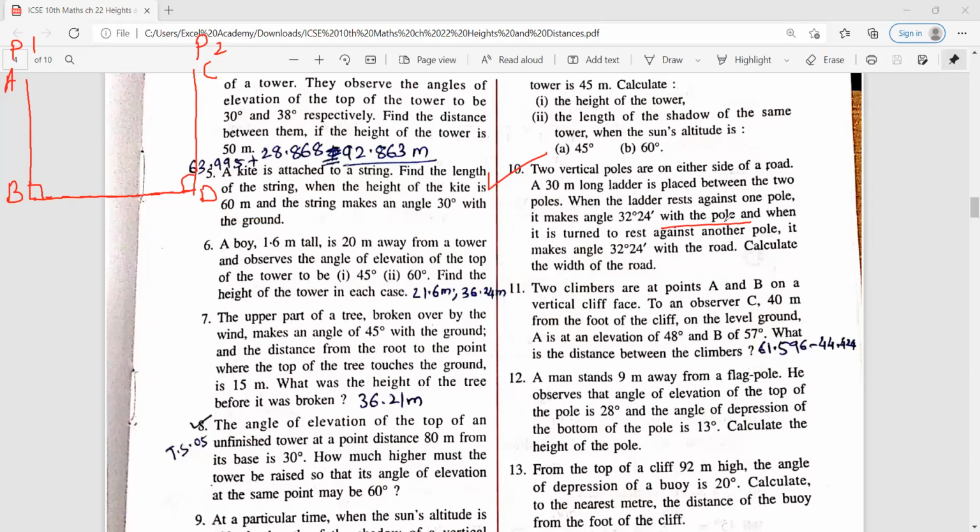With the pole means with the vertical, like we take angle of incidence and angle of reflection in physics. If this is the pole, the ladder will rest along the hypotenuse. This is the angle which is given to you. Do you understand? And when it is turned to rest against another pole, it makes an angle of 32 degrees 24 minutes with the road.